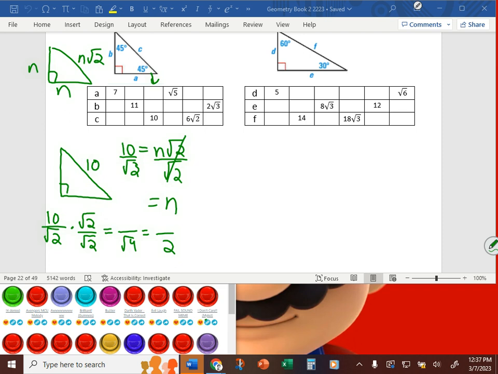Well, the hypotenuse of a 45, 45, 90 triangle is the n root 2 side. So why does 10 equal n root 2? Because I've told you that this C side, which is the n root 2 side of a right triangle, is equal to 10. So this 10 equals n root 2 comes from the table, and that's the side that I gave you.